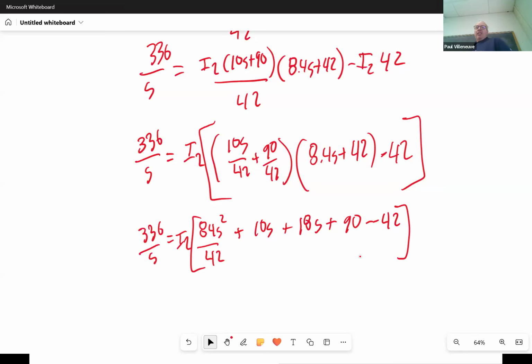So that becomes 10S times 42 divided by 42, which is just 10S. Then I did the inner. So this is where I got a little cute. 8.4 divided by 4.2 would be 2, right? So that means 8.4 divided by 4.2 times 10 is 0.2, correct? 0.2 times 90 is 1.8. So that should be, if I did it correctly, 118S.